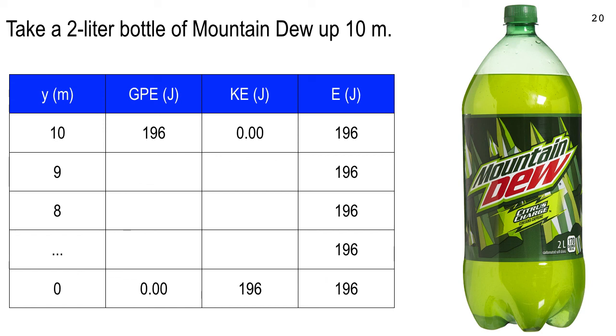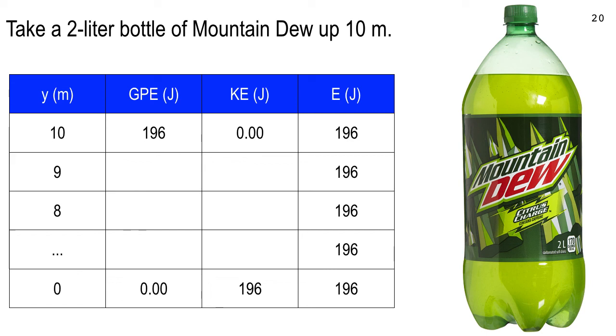So at five, go ahead and write in 5 meters elevation on your table. You got 98 and 98. 50-50 split. Because you've dropped half your altitude. So you no longer have 196 potential, you have 98 potential. Therefore, you also have 98 kinetic.